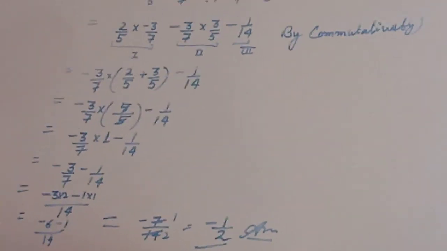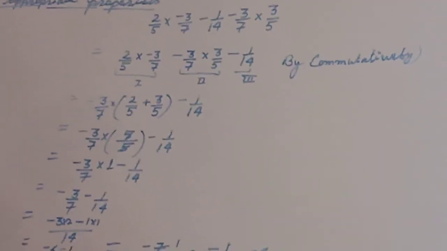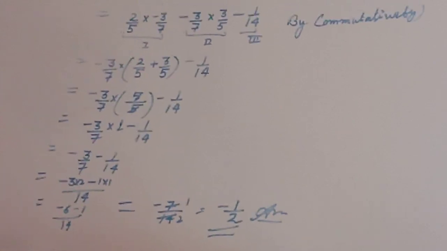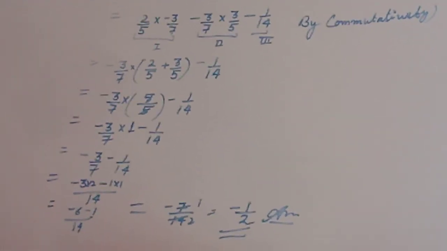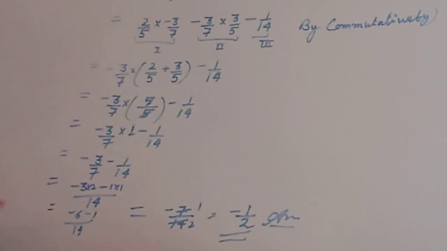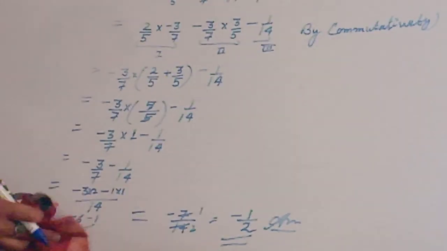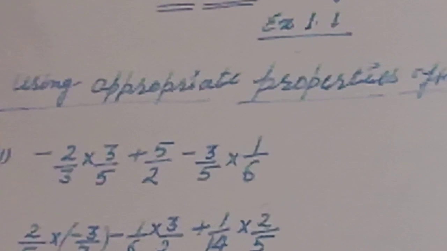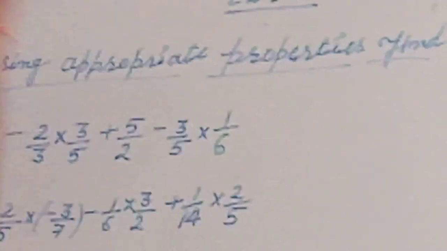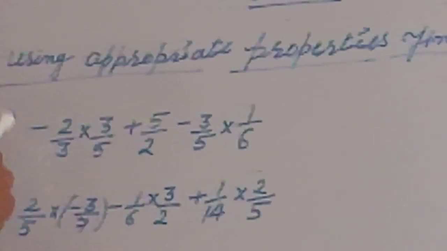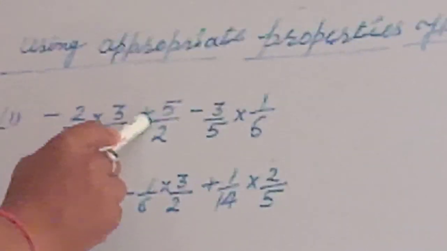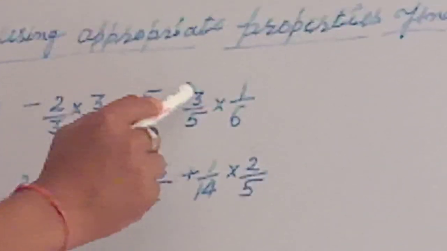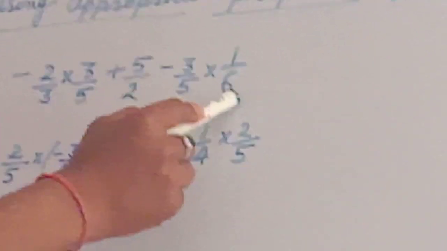Okay, everyone? Now some other questions to practice. Using appropriate property, find. First: minus 2 upon 3 into 3 upon 5 plus 5 upon 2 minus 3 upon 5 into 1 upon 6.